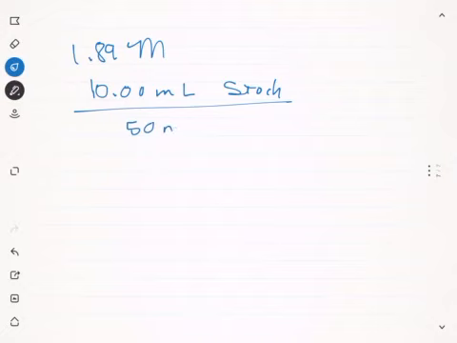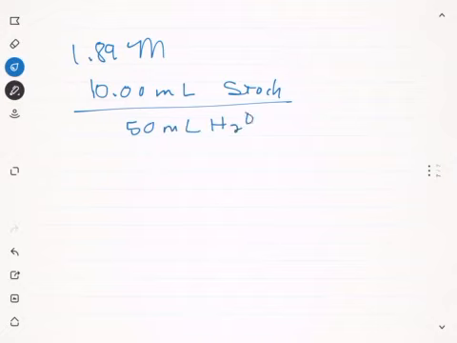And what am I asked to do next? I'm going to take 10 milliliters of my stock solution. I'm going to add that to 50 milliliters of water.